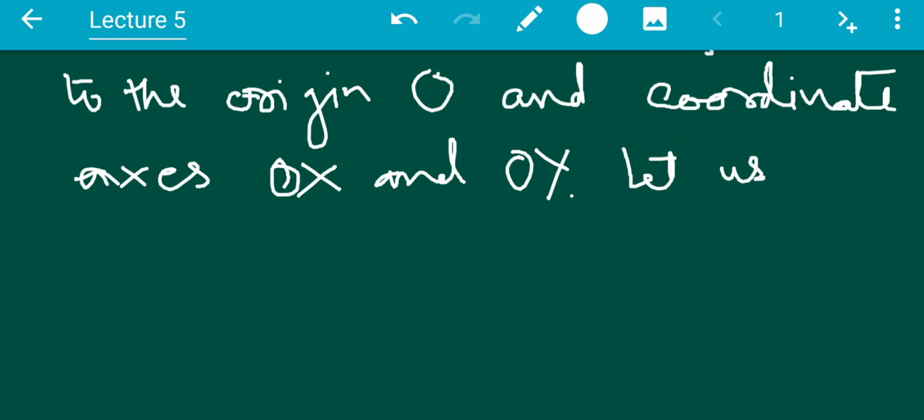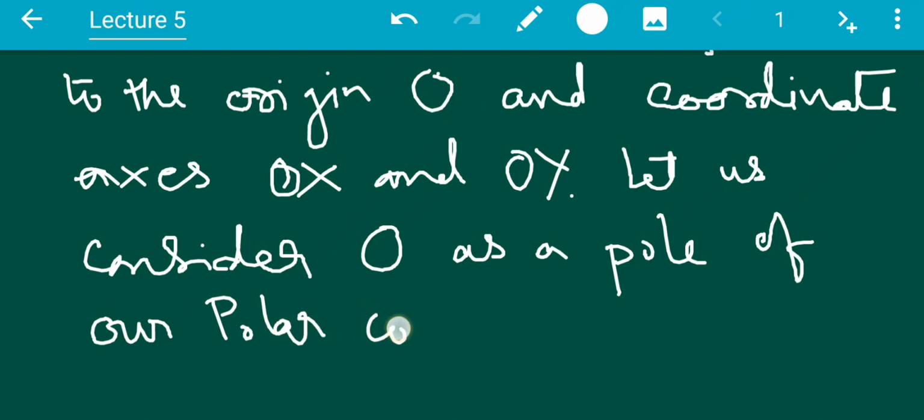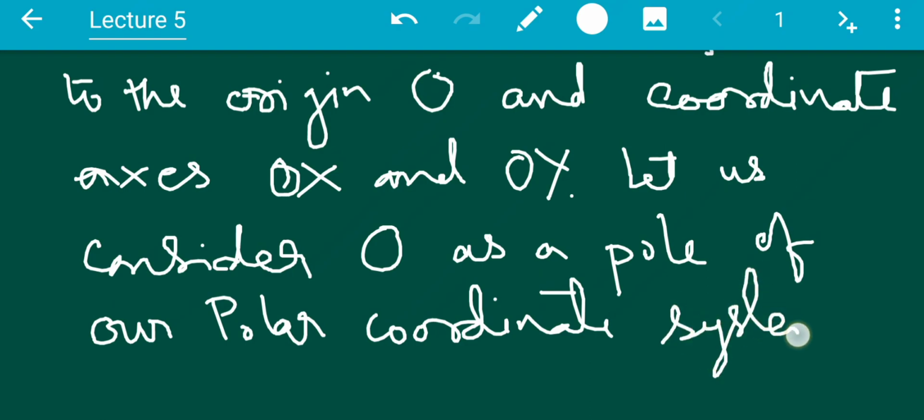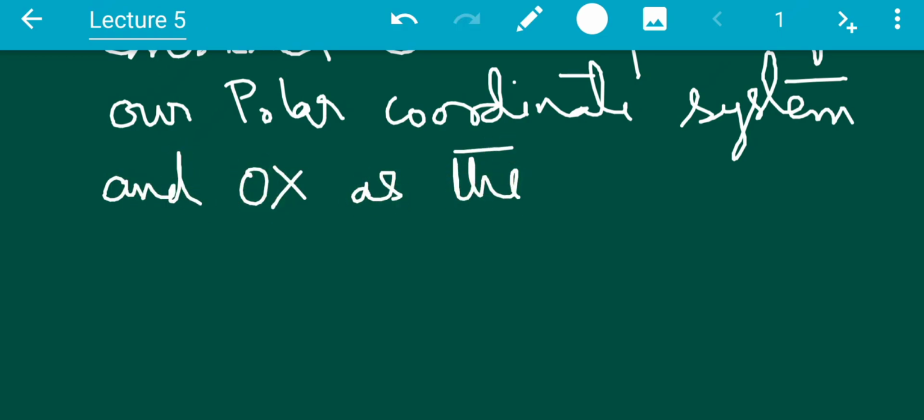Let us consider O as the pole of our polar coordinate system, and OX, the x-axis, as the initial line.